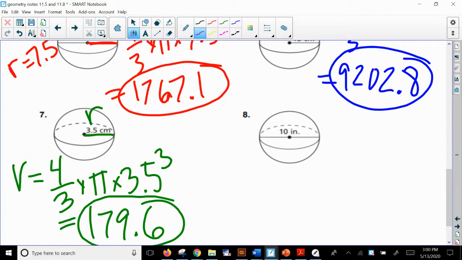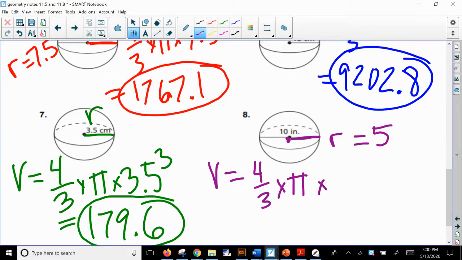Last one. The diameter is 10. We only want the radius. The radius is half the diameter, so the radius is 5. So volume is 4/3 times pi times radius to the third power.